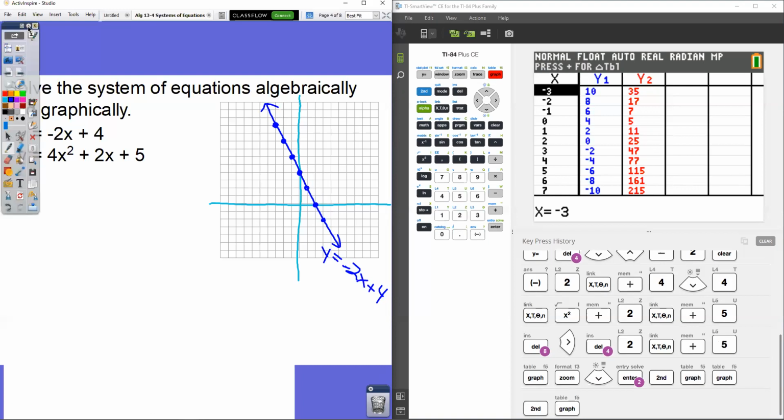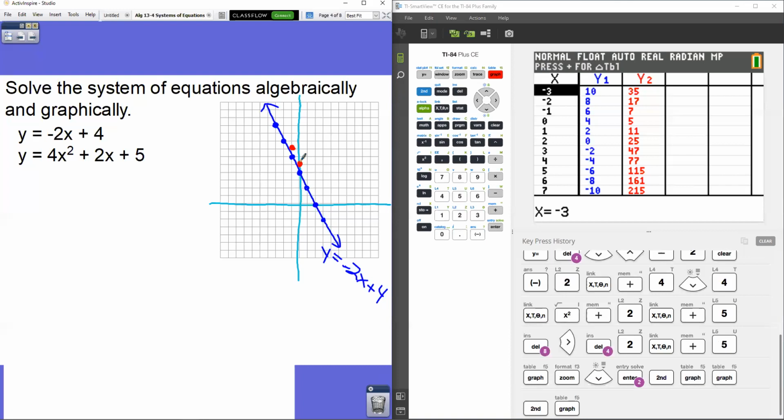For my graph of my parabola, that's in the red here. 35 is too high. 17 is actually too high as well. -1, 7, over to -1, up 1, 2, 3, 4, 5, 6, 7 is right here. 0, 5, 1, 2, 3, 4, 5. 1 and 11.